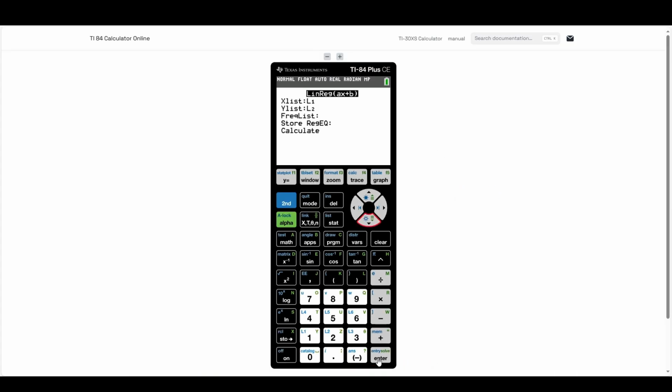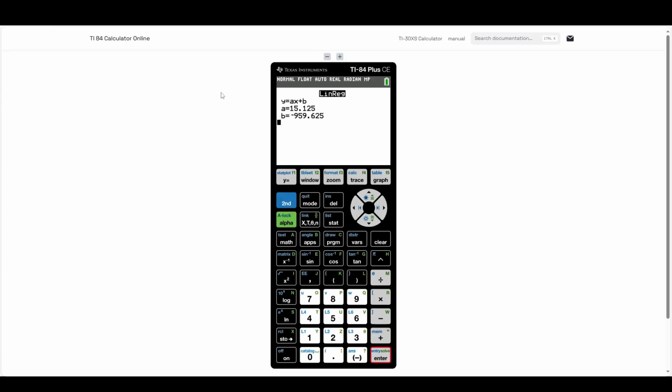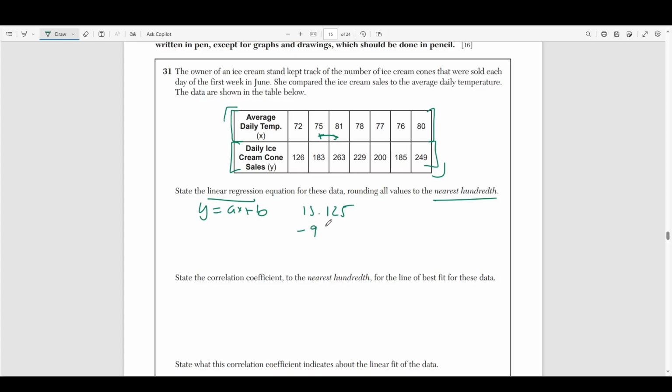So you're just going to go ahead and click enter or calculate, and it's going to give you the linear regression. It's going to give you y equals ax plus b, and then it's going to tell you what your a is. In this case, that's 15.125, and it's going to tell you what your b is, which is negative 959.625. So in this case, your job is to just plug these values into y equals ax plus b.